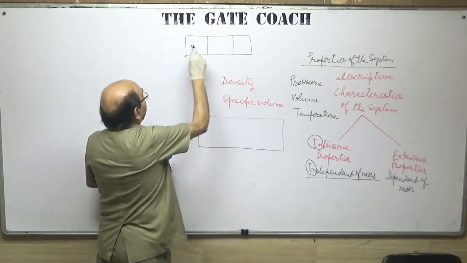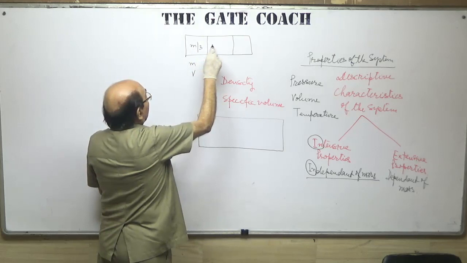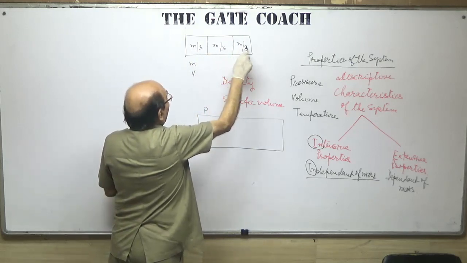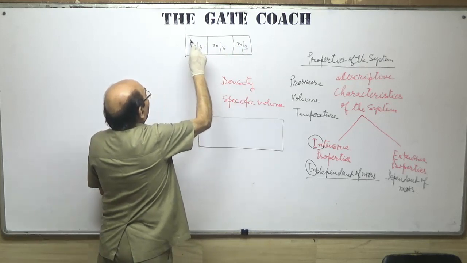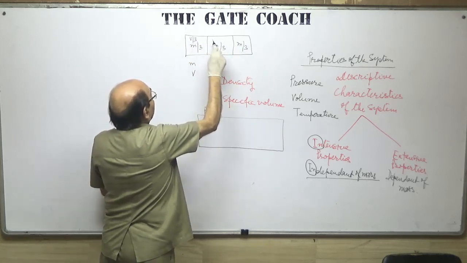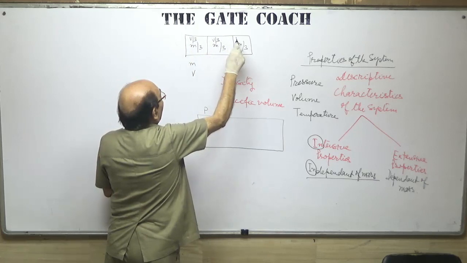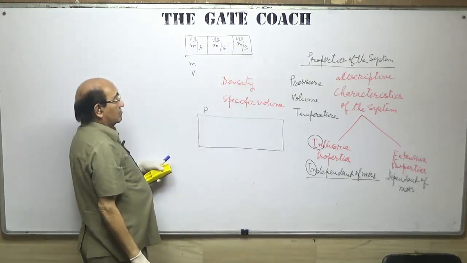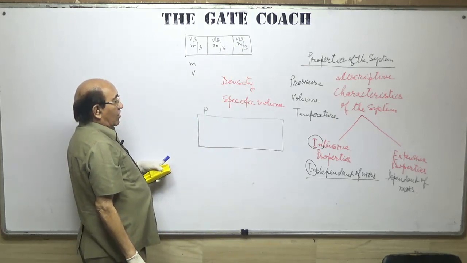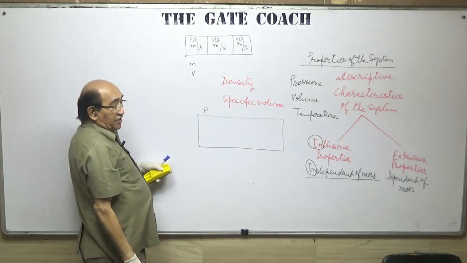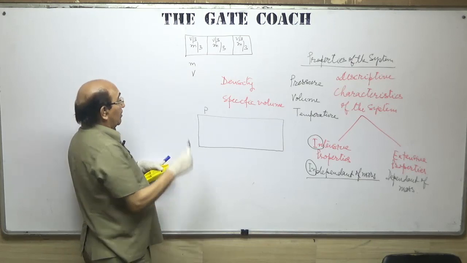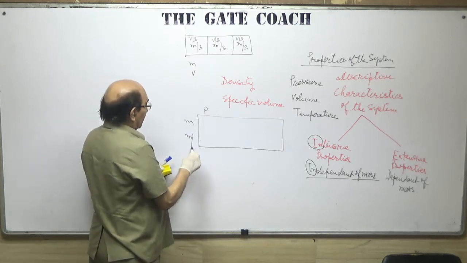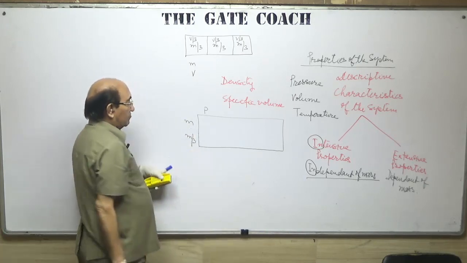In each one of them, mass is m by 3. Volume is V by 3.